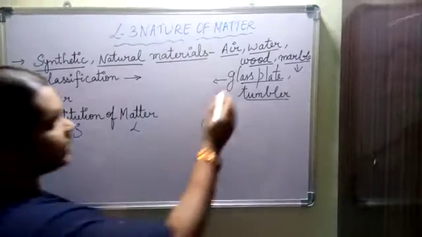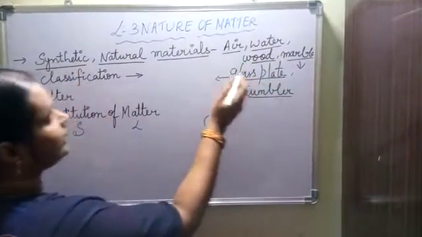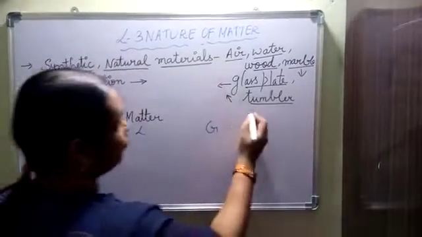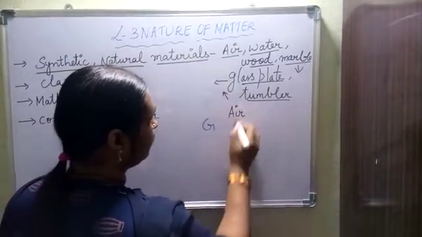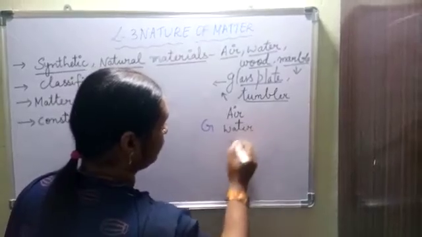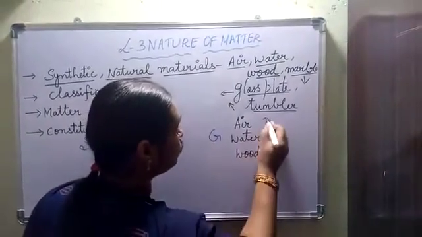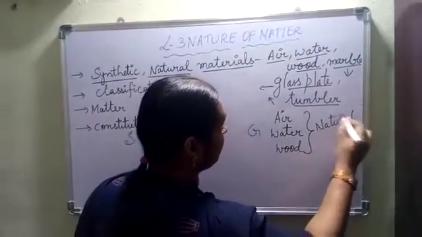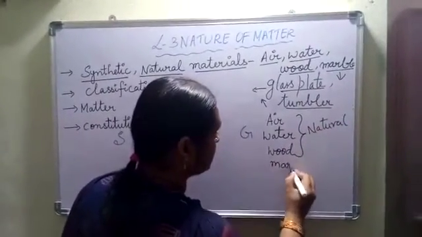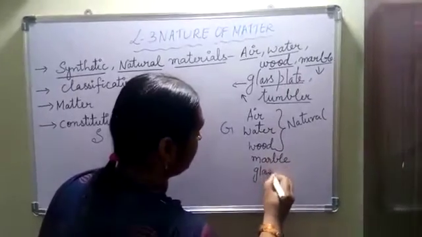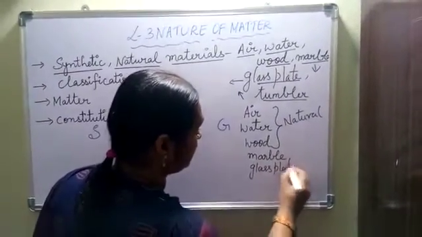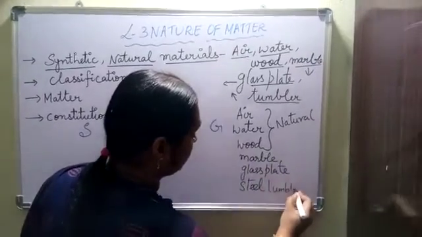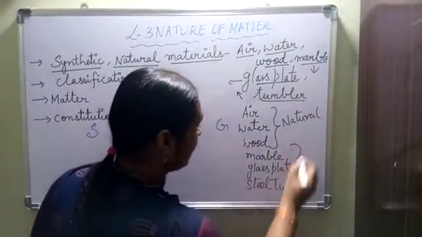So what you did here, we have classified them as natural materials and synthetic materials. What did I write here? Air, water and even wood. I have grouped them and told them as natural materials. And when we talk about marble, the glass plate or even the steel tumbler, the tumbler we are using to drink, these are called synthetic.